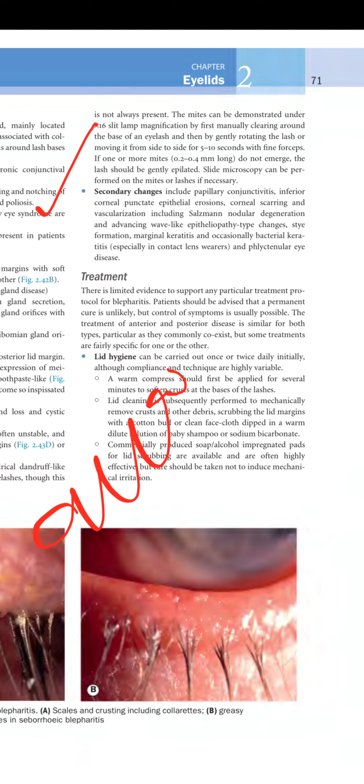Basically, the Salzmann nodular degeneration is an age-related degeneration in the cornea, but blepharitis can be associated with it.